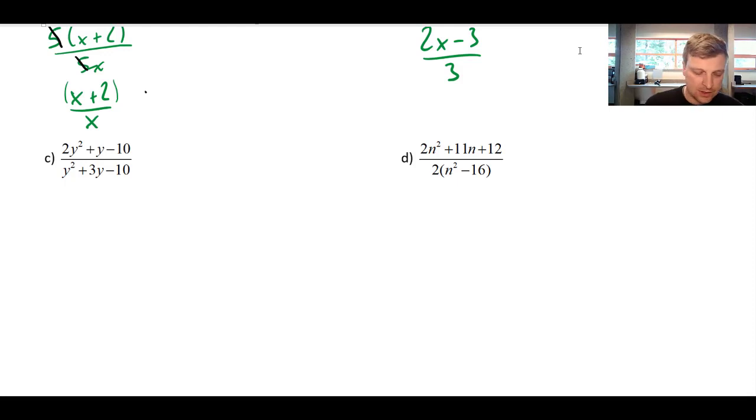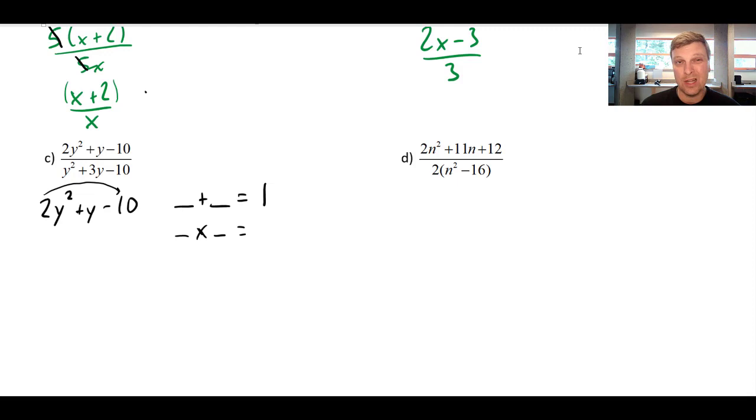So let's first see if I can factor 2y squared plus y minus 10. This is a situation where my a value is not equal to 1, so I'm going to have to use decomposition to factor this out, which means I need to find two numbers that add to my b value, which is 1, but multiply to my a value times my c value, which is minus 20.